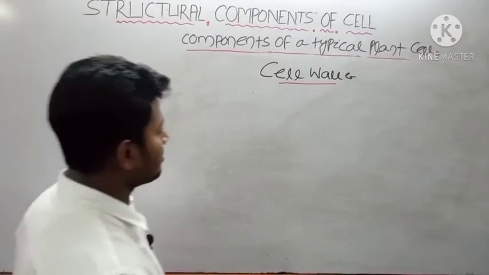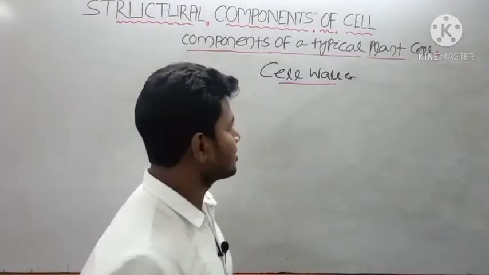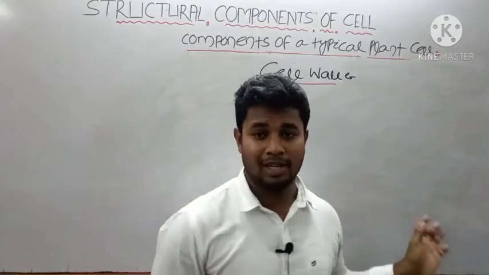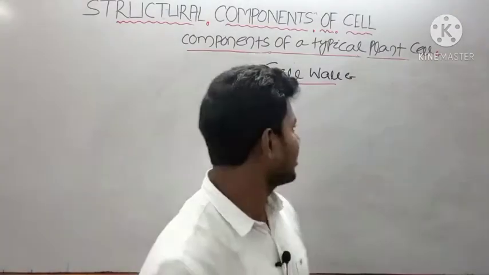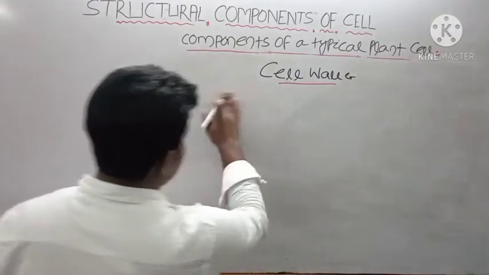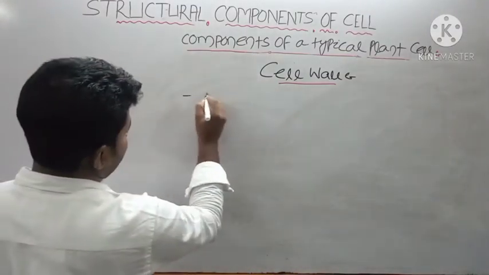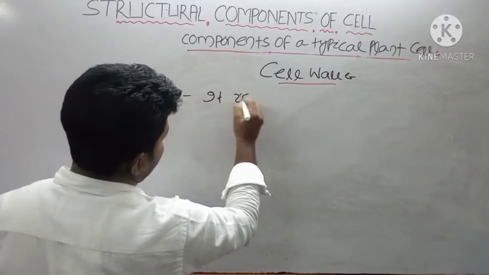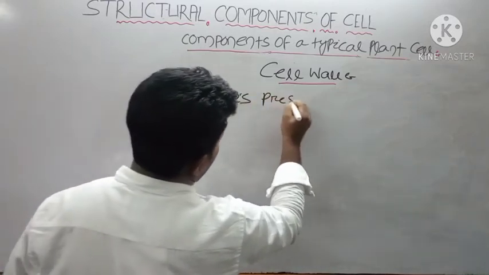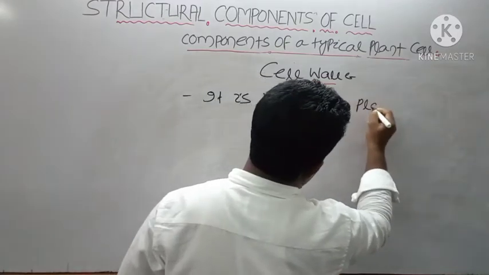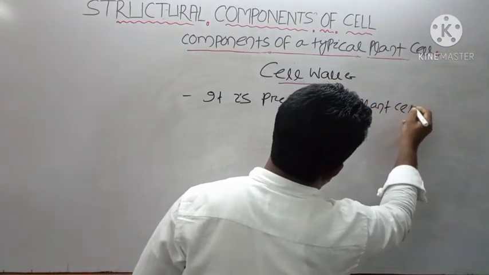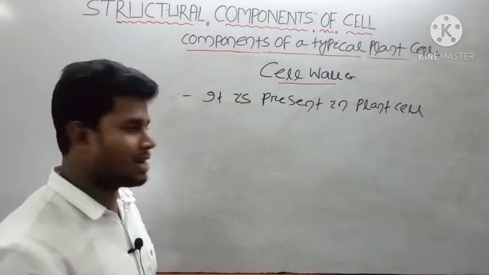Now let us discuss in detail one structure known as the cell wall, which is present in the plant cell. It is absent in the animal cell.